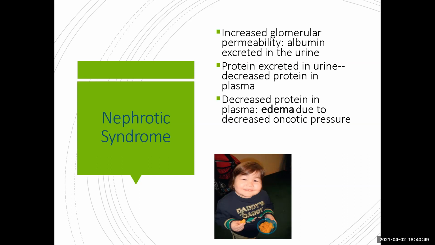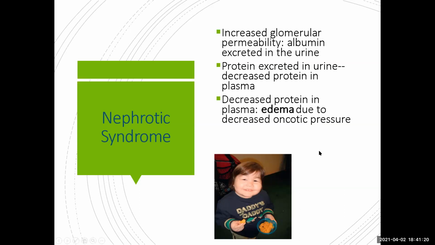During the acute phase of nephrotic syndrome, the child may have massive edema because the blood proteins are lost in the urine. Their skin is pallor, so pale. And so this is some of the reasons why. The increased glomerular permeability allows albumin to get excreted into the urine.